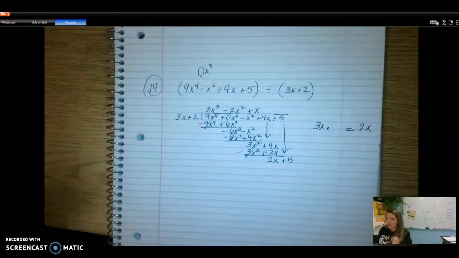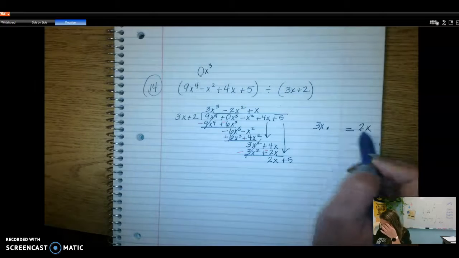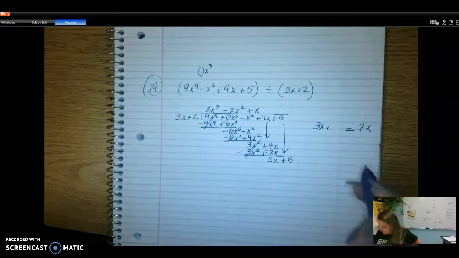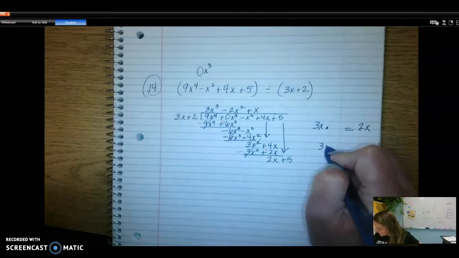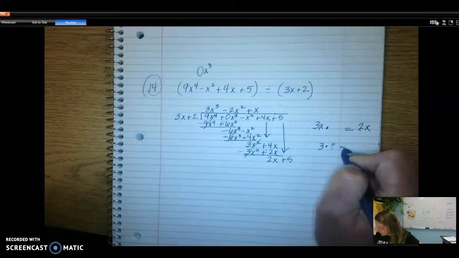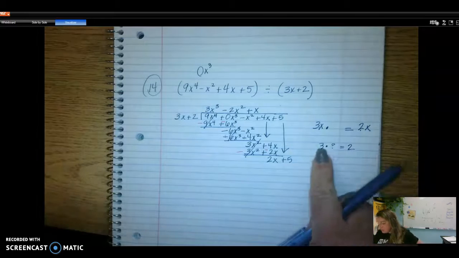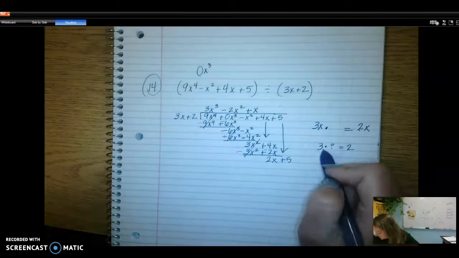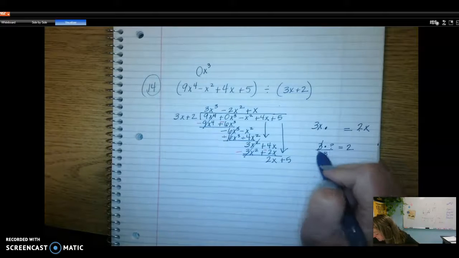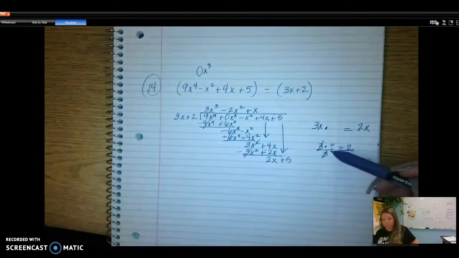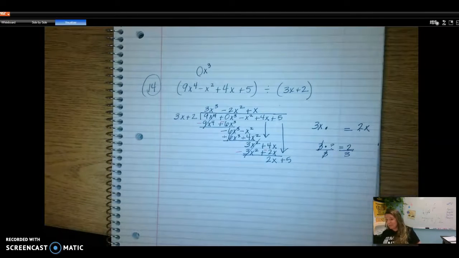Well, wait a minute. Maybe I have an idea. So I know I'm not going to need an x. I know I just need a number. But 3 times what is 2? If I wanted to solve this, right, wouldn't I divide by 3? And then I know what my question mark is.